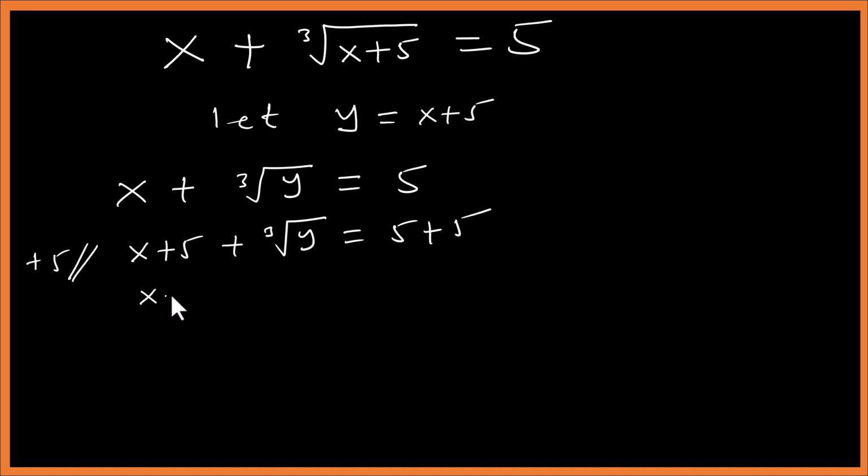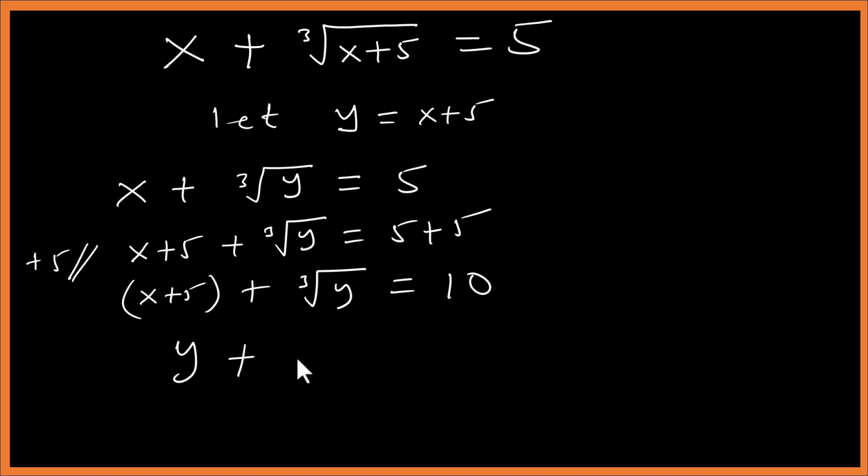So my x plus 5 plus cube root of y equals 10. But remember, x plus 5 is y, so I'll put y here plus cube root of y equals 10.